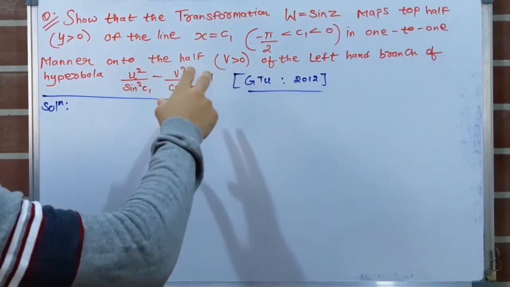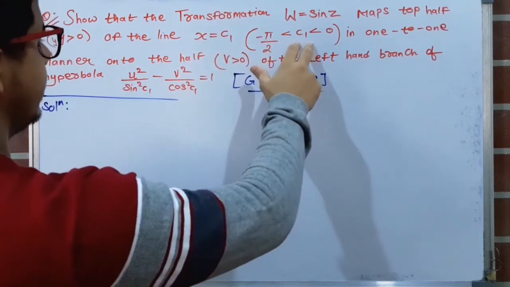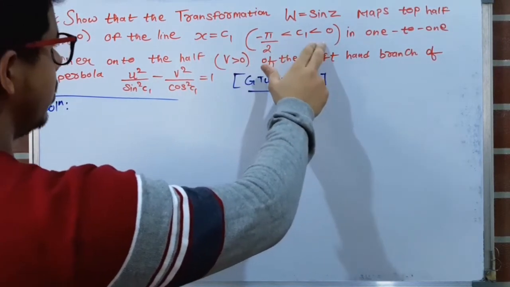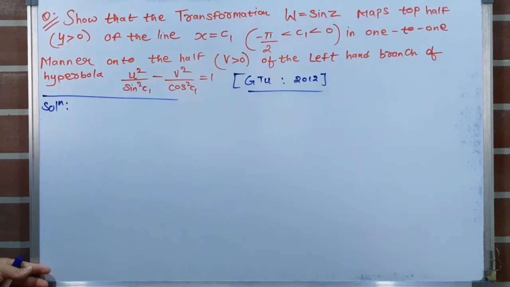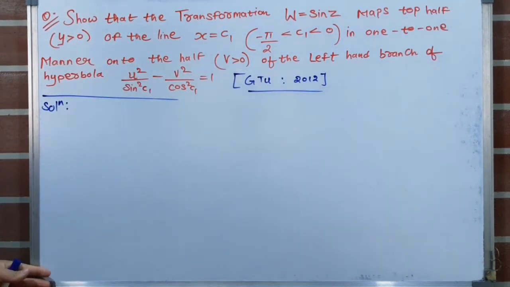So this question says that the line x equals c1, with c1 between minus pi by 2 and 0, maps 1-to-1 onto the left hand side of this hyperbola. So how will I show it?